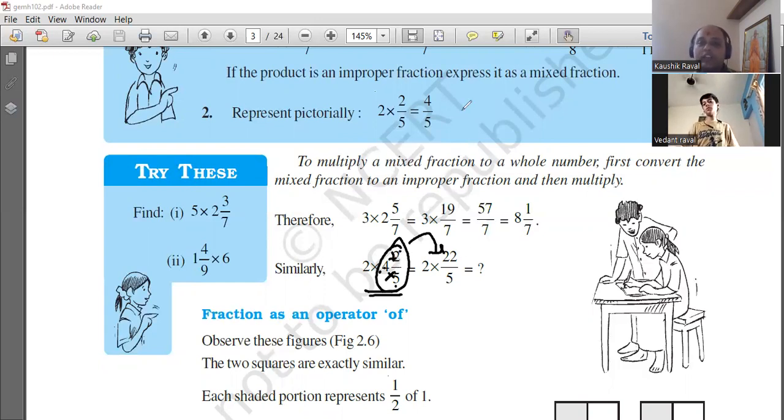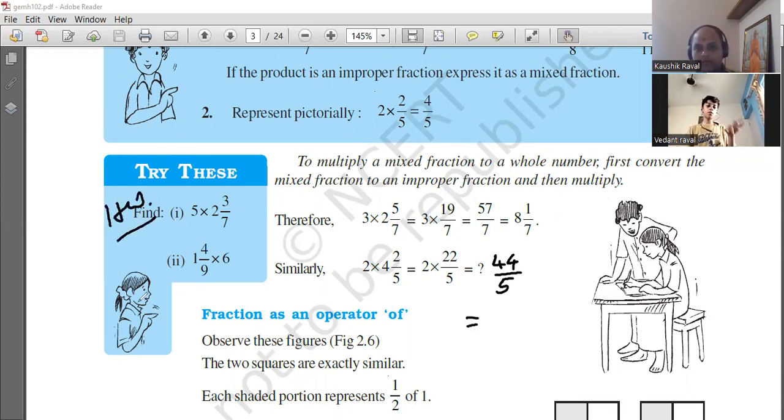Now you have to do the multiplication. 2 into 22. What will be the answer? 44 upon 5. Now convert it into a mixed fraction. 5 eights are 40.